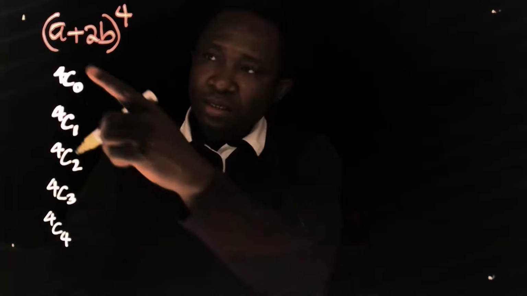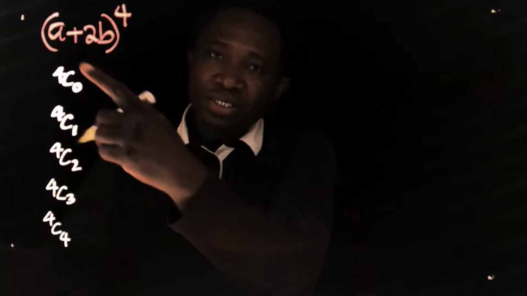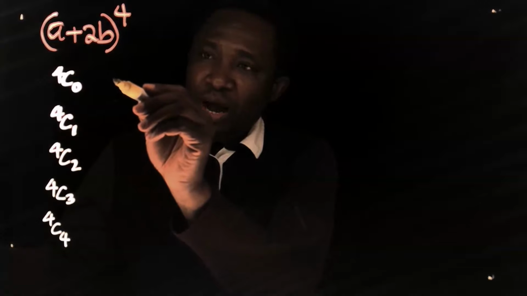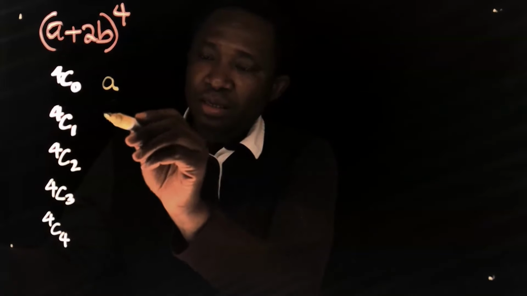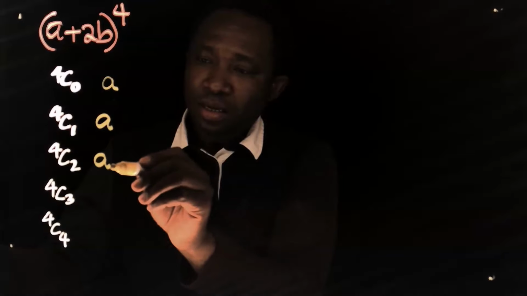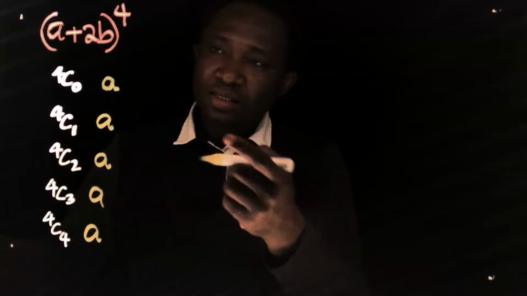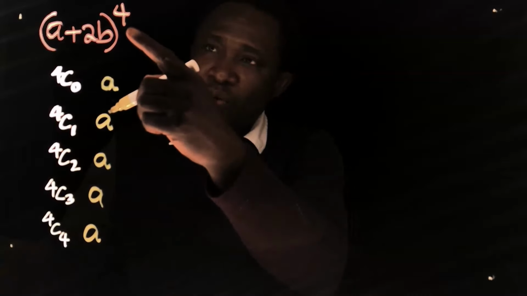Next, this is a, which is the first variable in the bracket. Hence, I'm going to have a, and a. Next, this is 4.